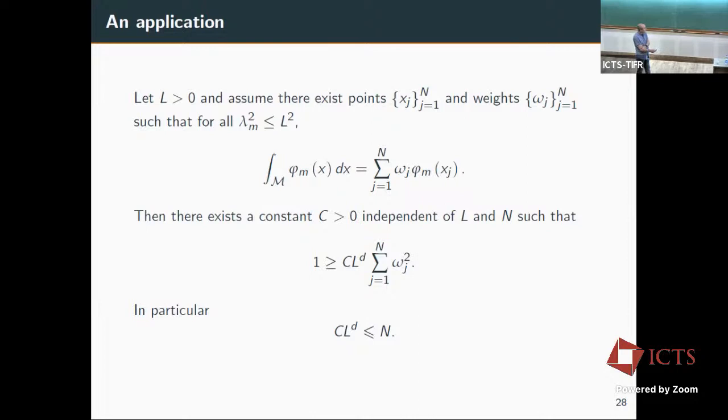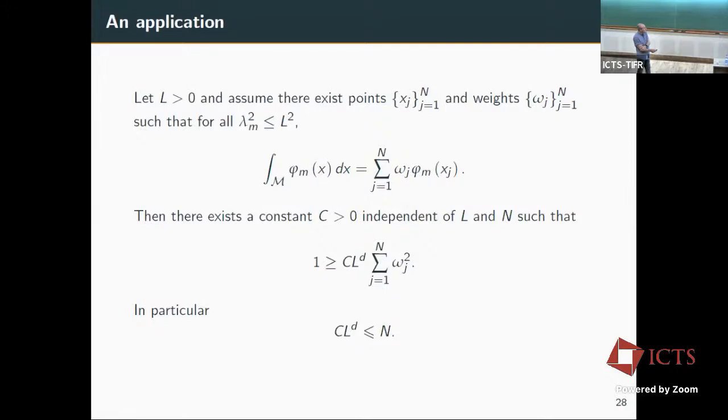Then what we can show is that there is a constant independent of L of n such that this inequality holds. And then by applying Cauchy-Schwarz, this shows that C L to the D is smaller than or equal to n.